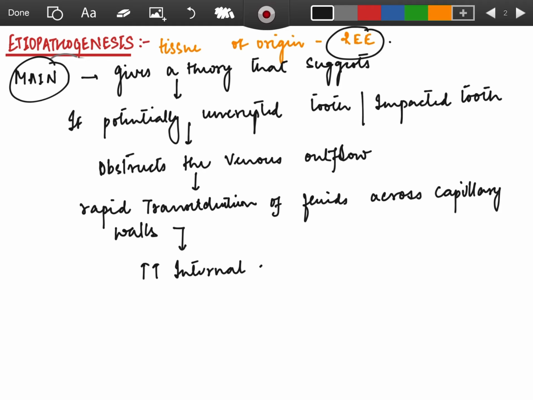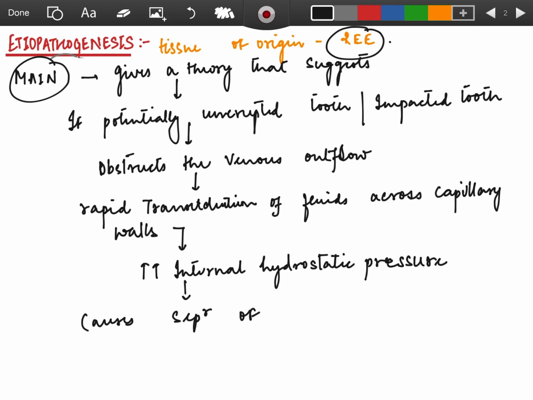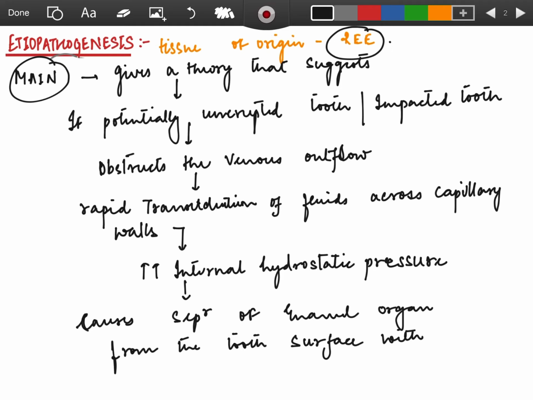Now we are understanding how there is a fluid accumulation between the reduced enamel epithelium and the enamel surface. It causes the separation of the enamel organ from the tooth surface, with or without the reduced enamel epithelium.